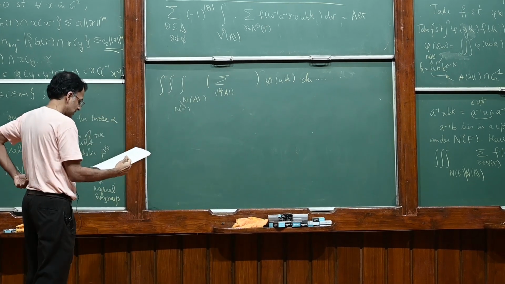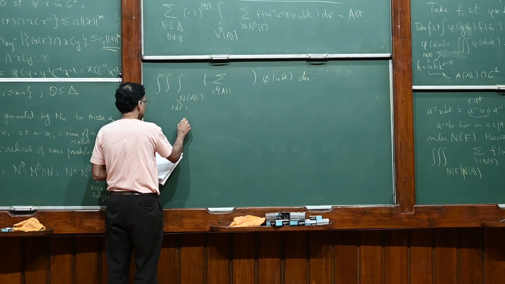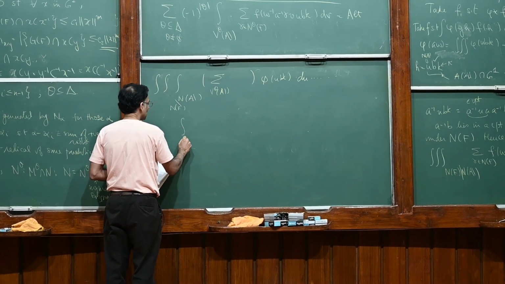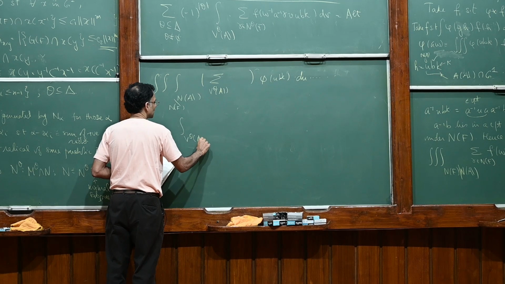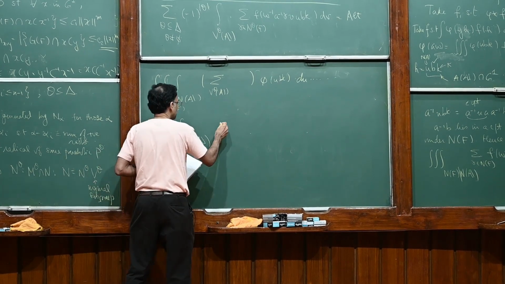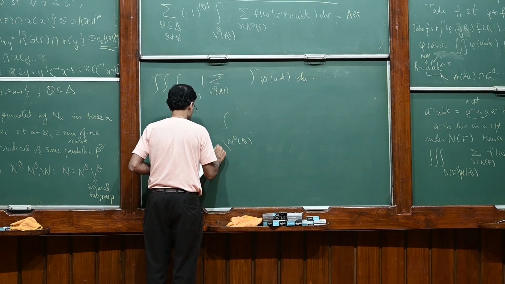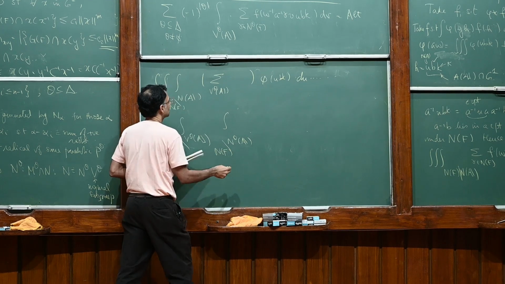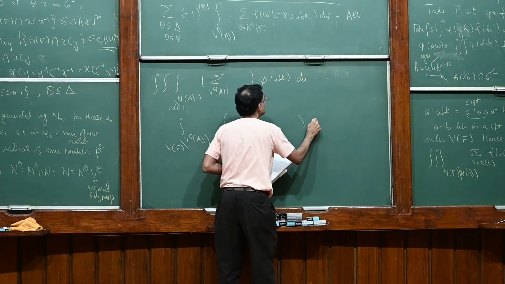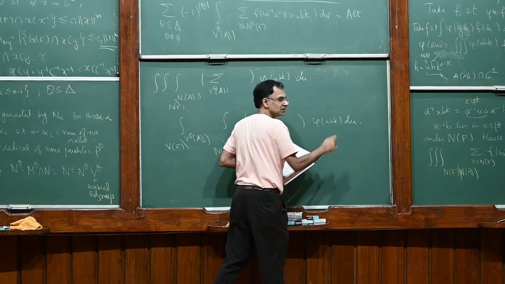Okay, all right. So this can be decomposed further. This integral can be written as integral over v theta A. So I should have adopted Sandeep's notation of putting a box, but okay. V theta A by n theta A by nf. Okay, and then there's the same stuff. Phi of UBK du. That's the next step.